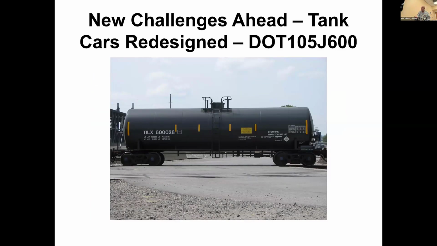This is the new version, DOT 105J600 for chlorine cars. So it's a 100 PSI better protection versus the 500 PSI. The valving on top is a little lower, better for derailments and collisions and rollovers. And then the J for all the features and stuff like that. That was shot by the Kansas City Bottoms out there with the BNSF, and everybody had all the things that just went by. And, whoa, wait a second.